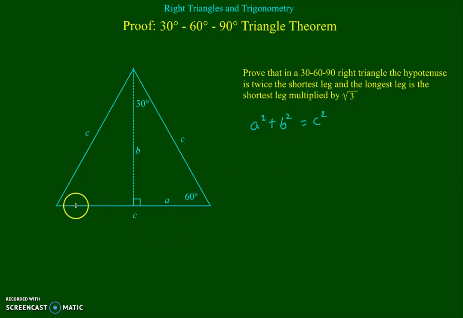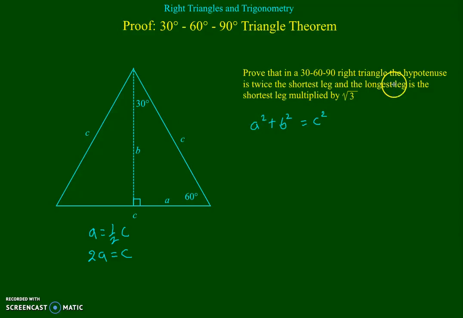Now we know that since side C has been bisected by this altitude, A is 1/2 of C. So if A is 1/2 C, then multiplying by 2, 2A equals C. And there we have our first property, where we say the hypotenuse, C here, is twice the shorter side. So twice the shortest leg.